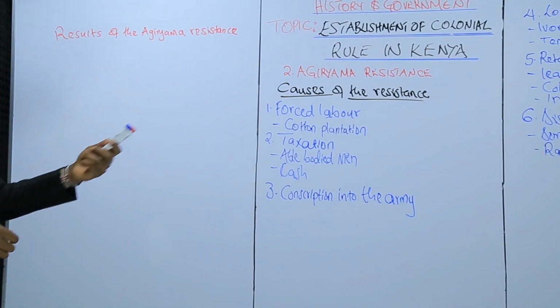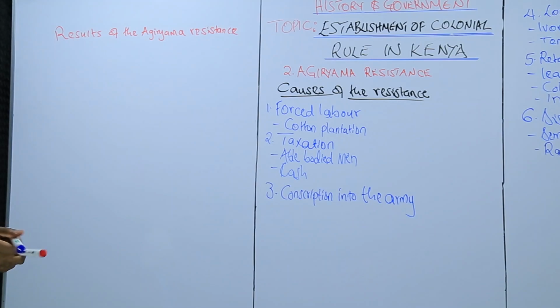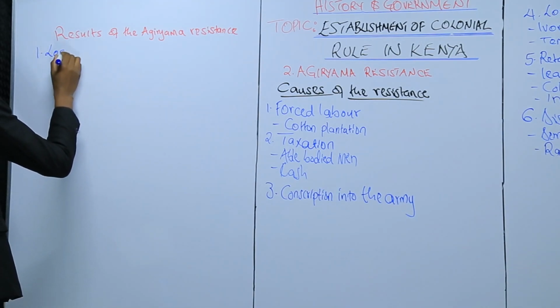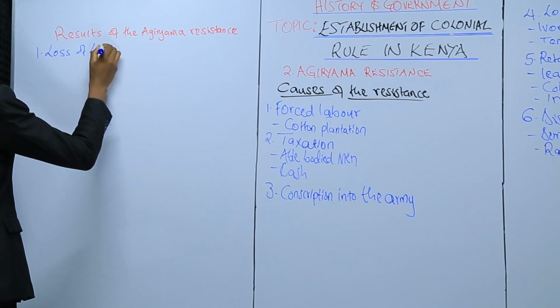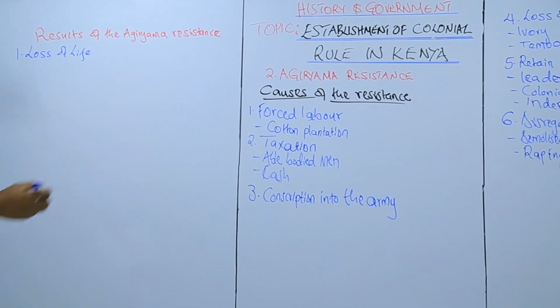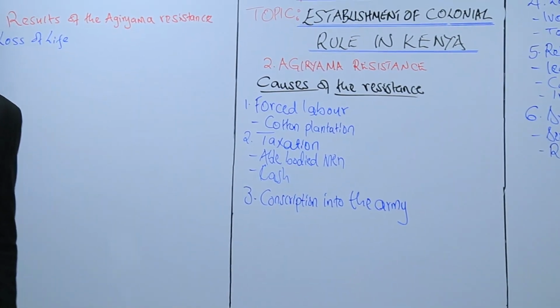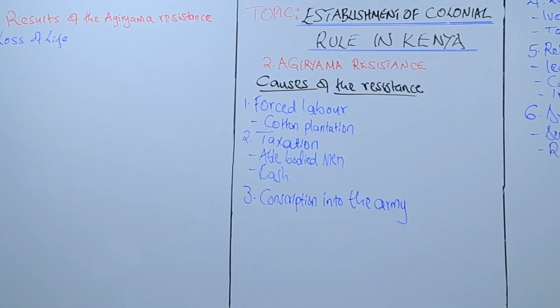As similar to the other resistance that we studied in Nandi, there was also loss of life. A lot of lives were lost in the course of the resistance. Many people died as they resisted the British rule.